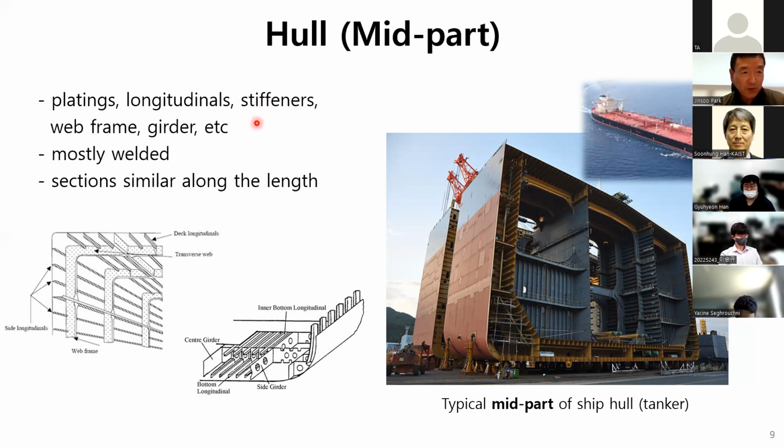Most of you are not familiar with this terminology, but it's okay. In general, sectional shapes and arrangement are similar along the whole length. In other words, they are repeated at regular distances of several meters in order to be effective in manufacturing.